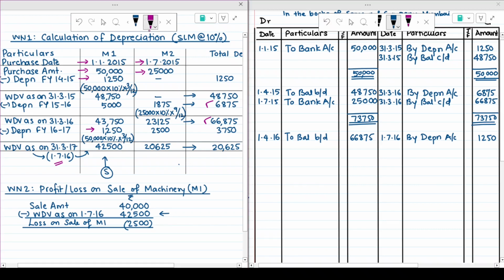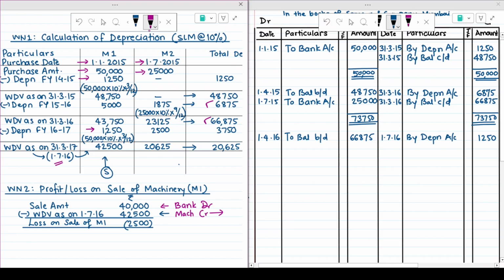What is the sale entry? We have received 40,000, so we will give effect to the bank account. We have received funds in bank, debit the receiver, so we'll debit the bank account. And since the asset is going out of the business, we will credit the machinery account. What goes out, that is the rule.